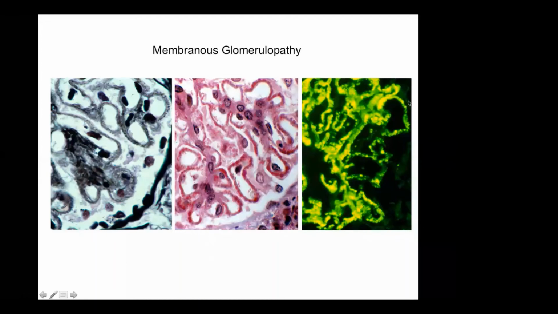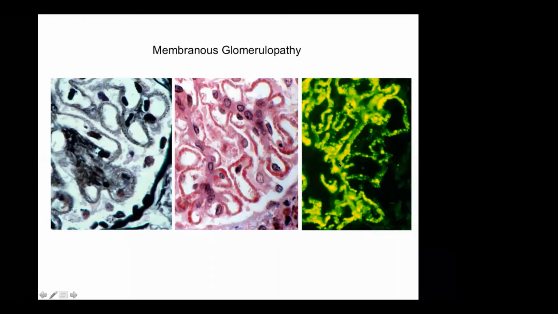This picture is exactly the same on the IF. On the IF we have staining. What staining depends on it; if this was primary membranous, almost always the IF will be highlighted for IgG and C3, and it will be granular, like granules, dots and dots. The intensity will be anything from 1 to 4, more likely 3 to 4.